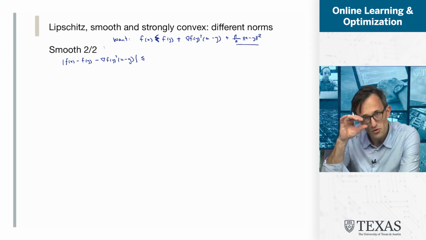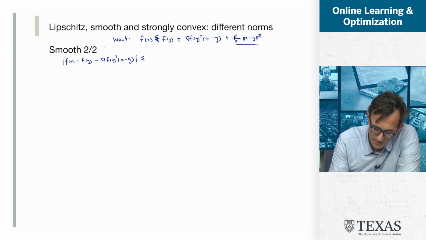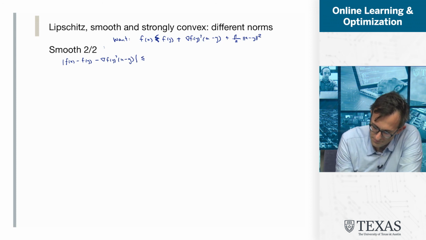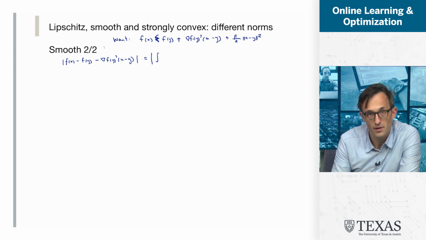Okay, so now the key trick here comes from the fundamental theorem of calculus. Note that this thing that I've written is just equal to, by the fundamental theorem of calculus, the absolute value of, I'm going to write this as an integral of a derivative.